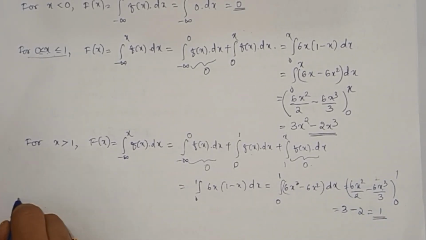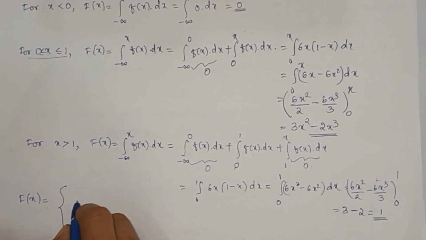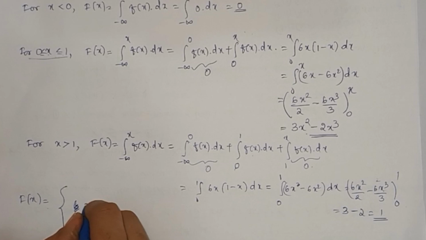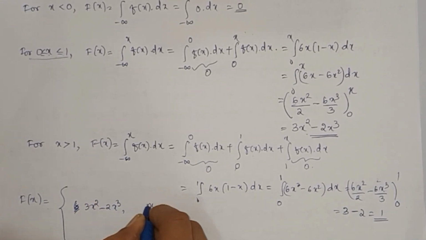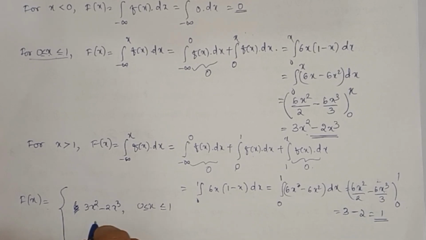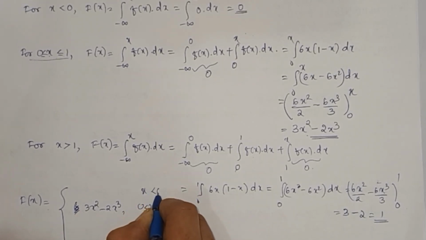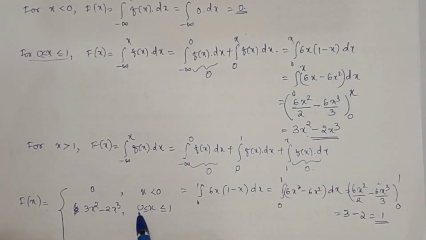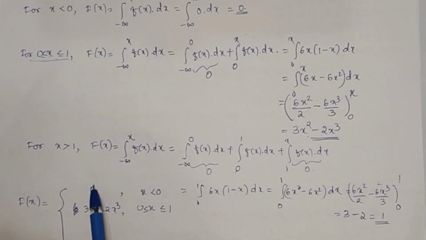Therefore, by combining all this, the distribution function F of x is 3x square minus 2x cube when x is in between 0 and 1. If x is less than 0, the distribution function we got is 0.